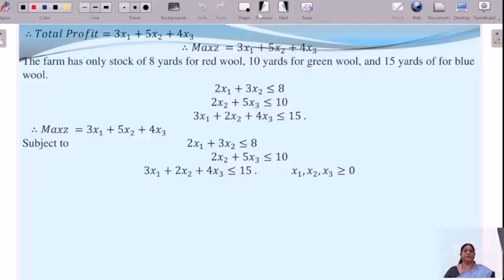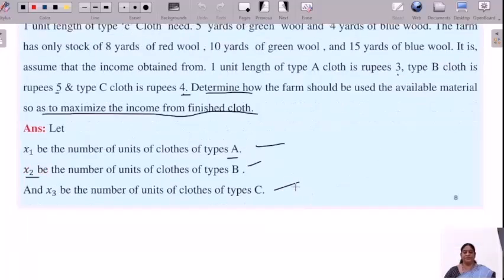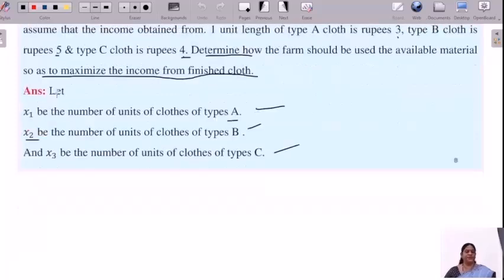Next, the profit for type A cloth is rupees 3, for type B cloth is rupees 5 and C is rupees 4.